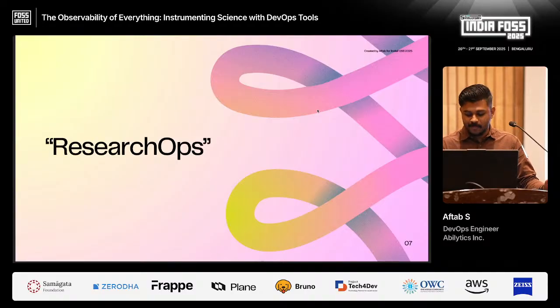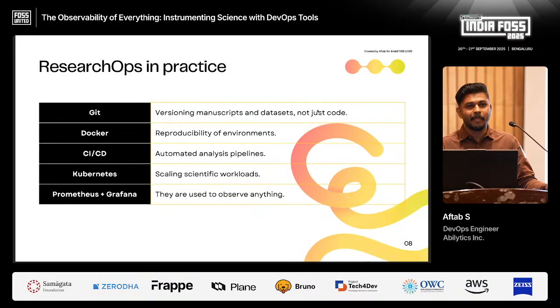Now, how are these things mapped? Git, for us, is used for versioning code. We used to version scripts, but in the scientific domain it can be used to version manuscripts, data sets, or just documents. People send emails regarding findings, but if you want to replicate the same finding again, they'll have to scroll through emails.